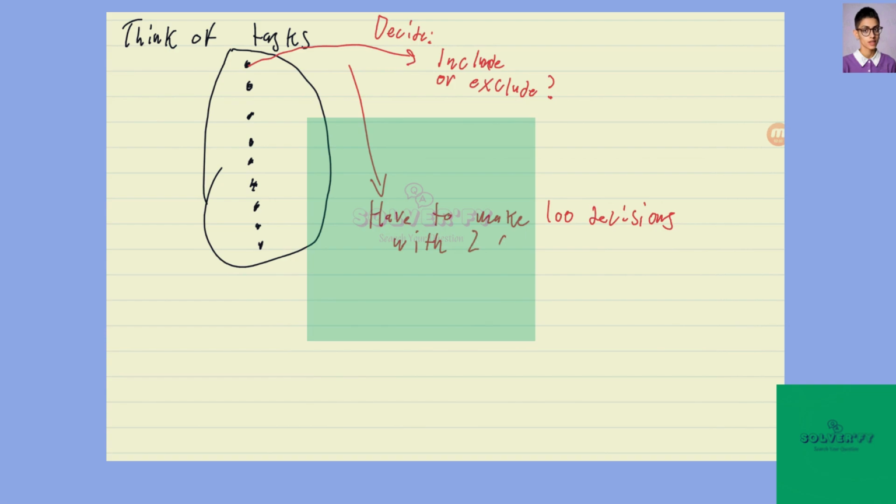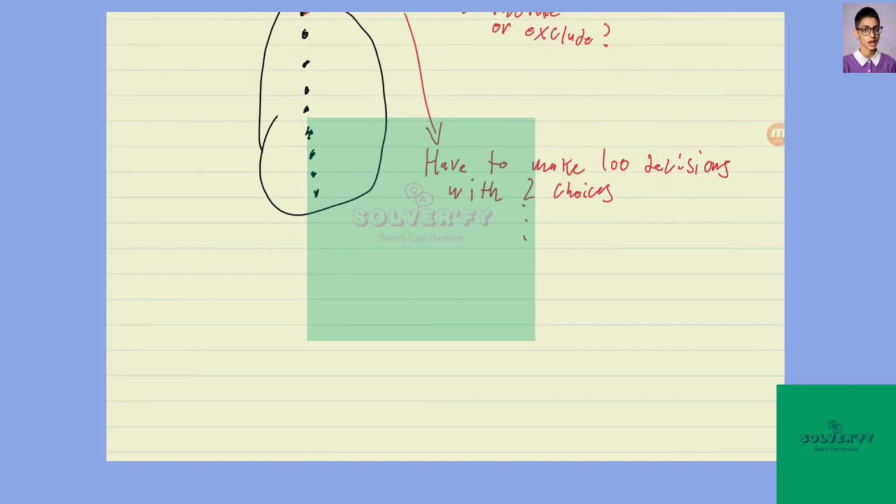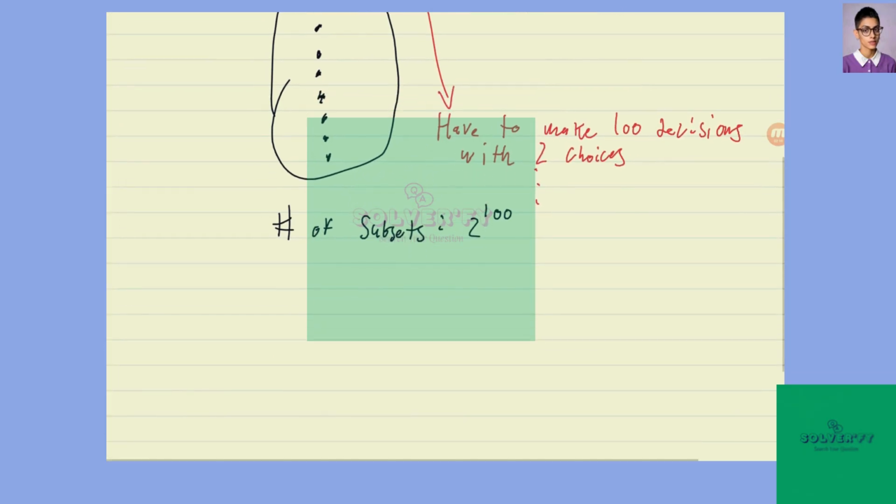So with two choices, the total number of subsets is going to be 2 to the power of 100, which is an unreasonably large number to try to write out, so just leave it as 2 to the power of 100.